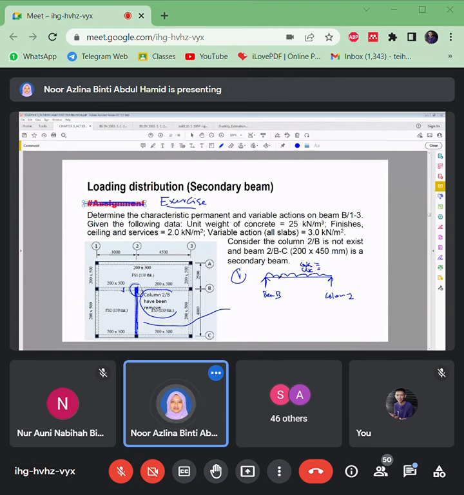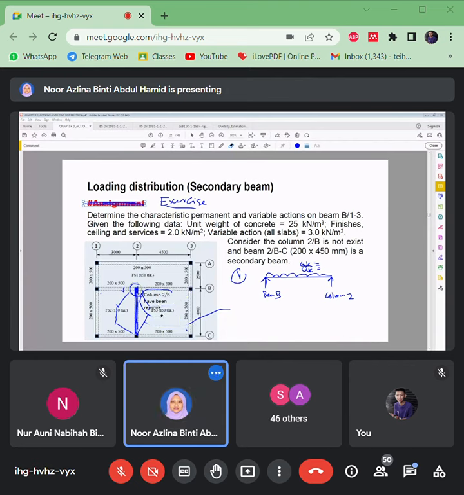You have to focus on this beam first. What is GK? What is QK? What's the load transferred to this beam? You have to focus on this area and also this area.